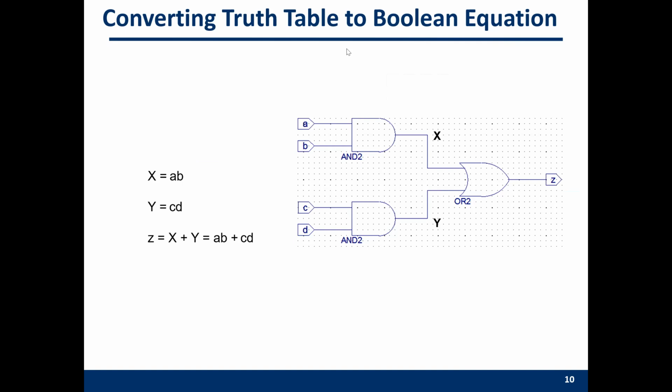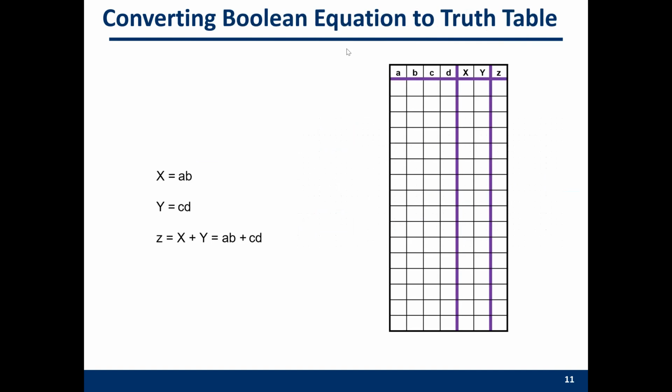So setting some intermediate variables can actually help you break the problem into multiple pieces. So you can see that the truth table, the Boolean algebra, and the circuit are equivalent.